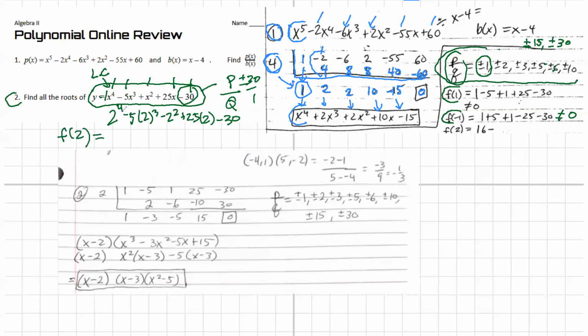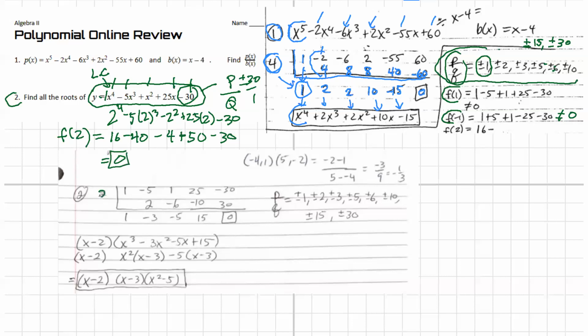I just didn't take a picture of it. 2 to the 4th is 16 minus 5 times 8 is 40 minus 2 times 2 is 4 plus 50 minus 30. Okay, and this ends up being 0. So when you do all this, you get 0. That tells me 2 is going to work.